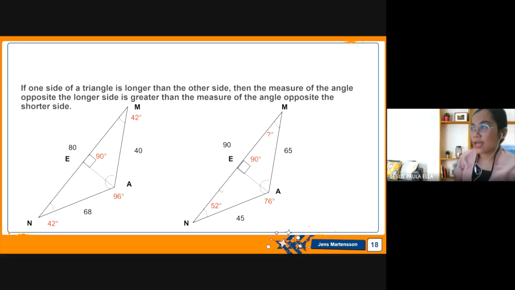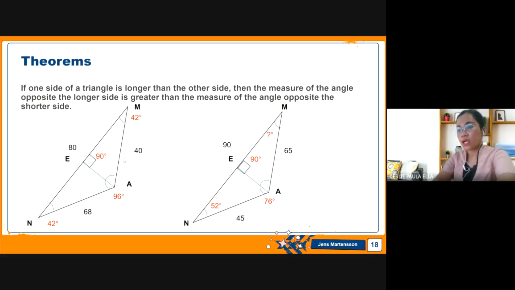Okay, so let us have an example. In this figure, we have the value of the sides and the included angles in the triangle. This triangle is just tilted, that's why it is formed like this.